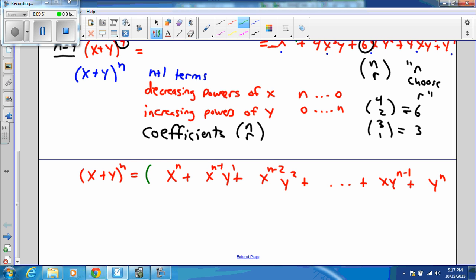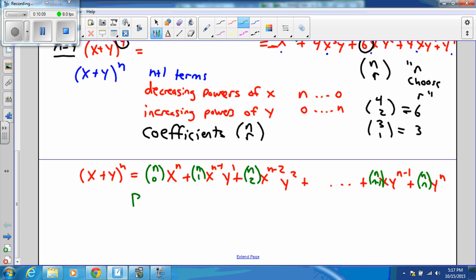And we can say that the coefficients here are going to be n choose 0, n choose 1, n choose 2, n choose n minus 1, and n choose n.